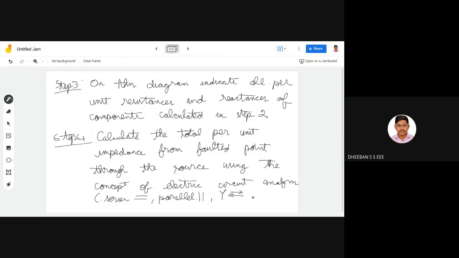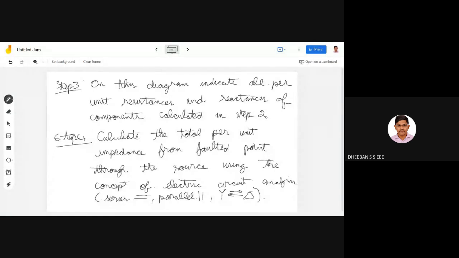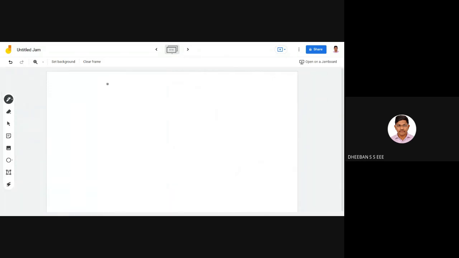These represent the concept of electrical circuits that you have to follow to get your total impedance, which will be ZTH.